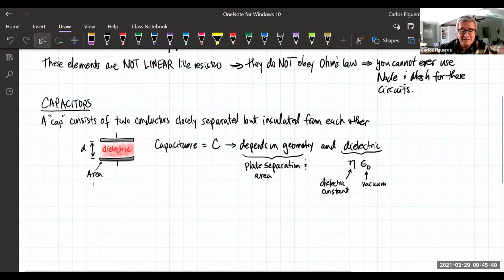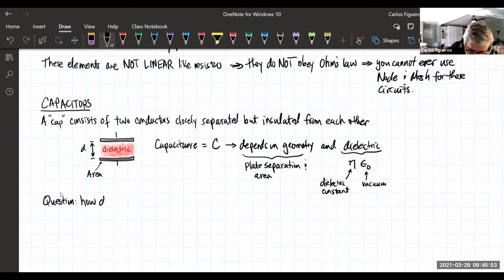So what do I know about capacitors here? Well, I think one of the things that we should talk about is how does current flow in a circuit with a capacitor? In a circuit with a capacitor.